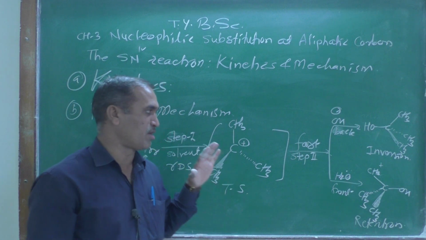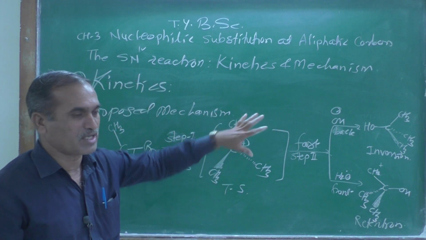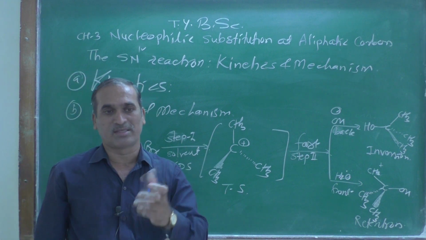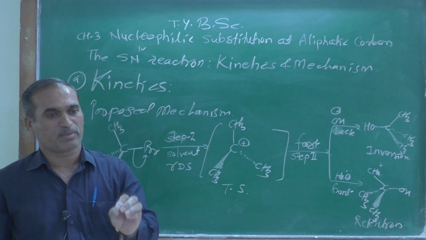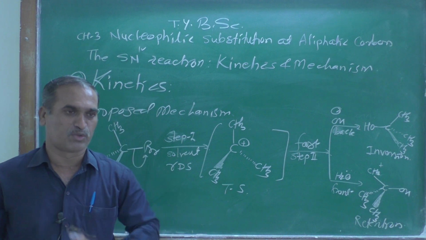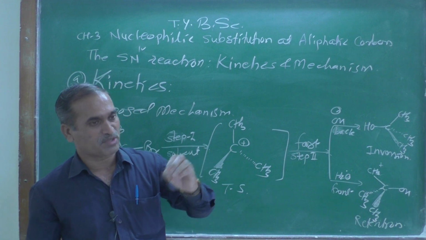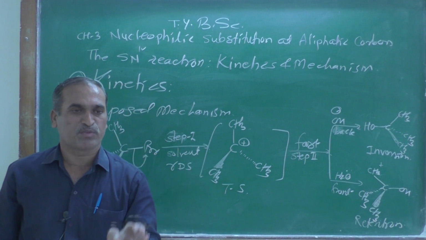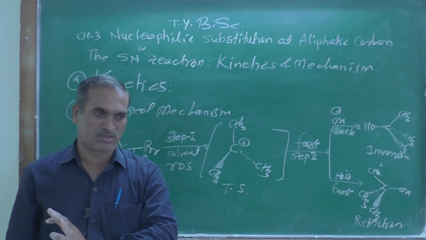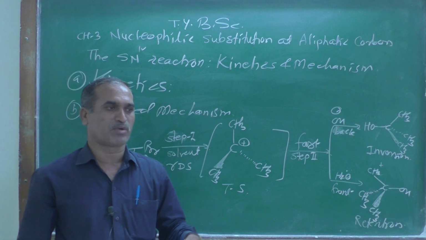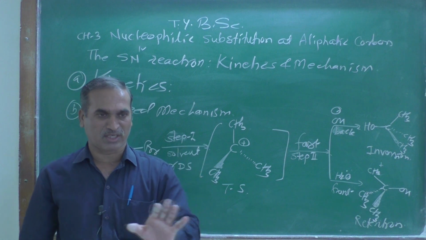But here there is no chiral center, and as I already told you, a chiral center means the carbon atom carrying 4 different groups. If chiral substrates are there, it must be optically active in nature. If it is achiral, that organic compound is optically inactive in nature.